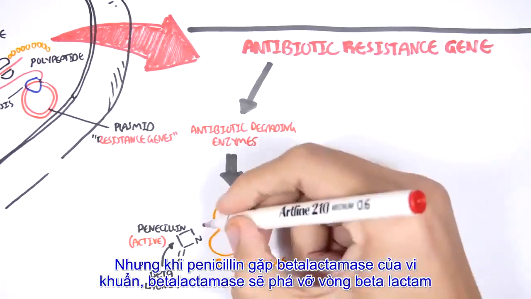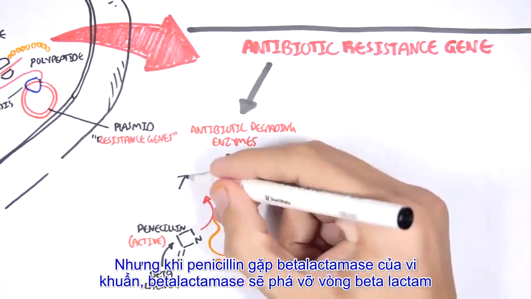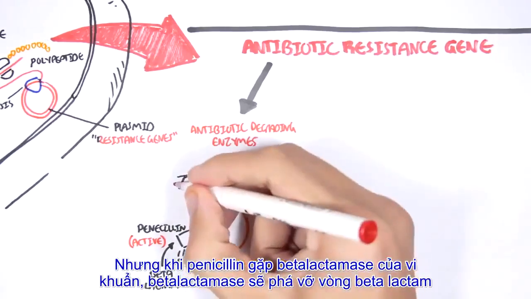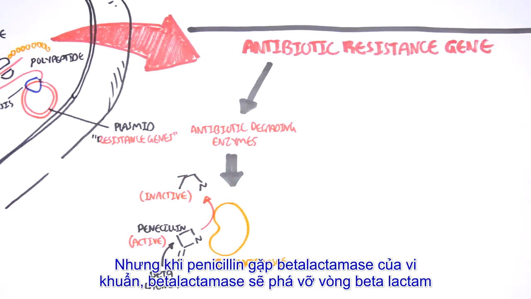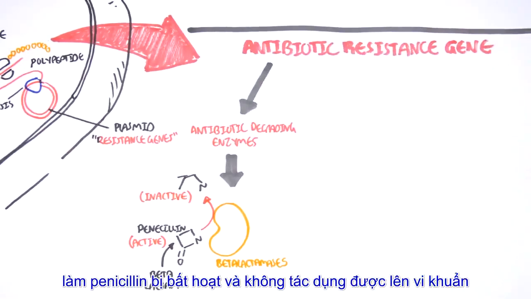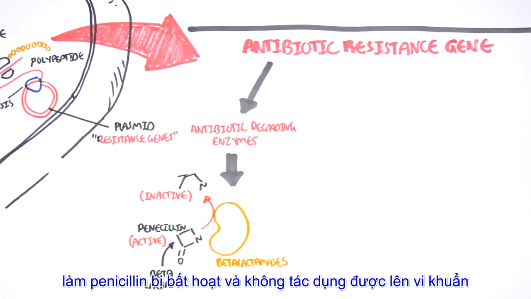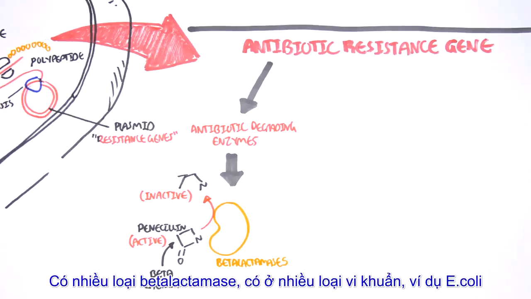However, when penicillin encounters a beta-lactamase in the bacteria, the beta-lactamase will break the beta-lactam ring, causing the penicillin to become inactive. And thus, penicillin will have no effect on the bacteria. There are many types of beta-lactamases, and they are found in many types of bacteria, such as E. coli.